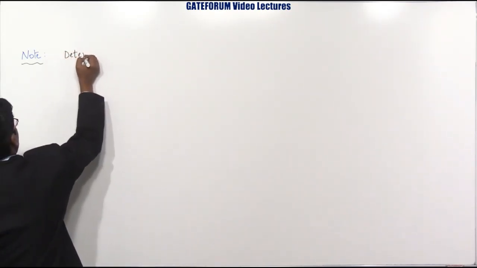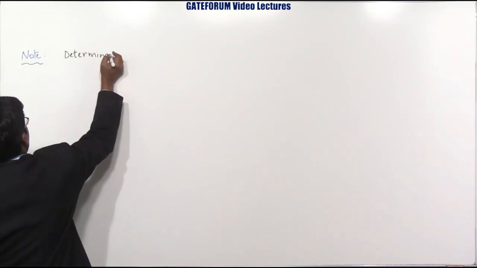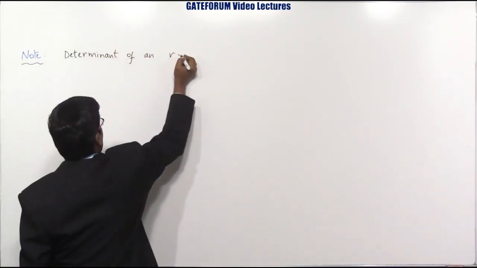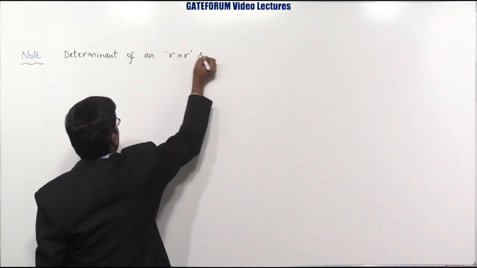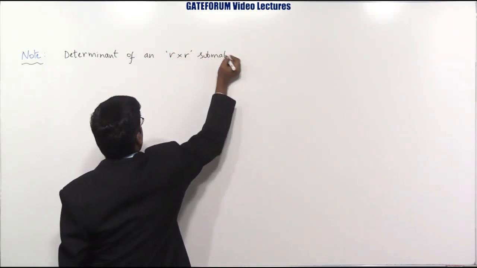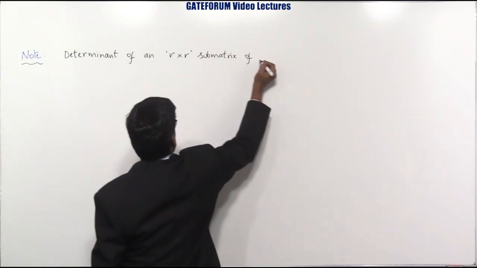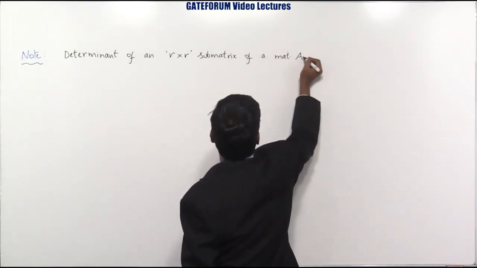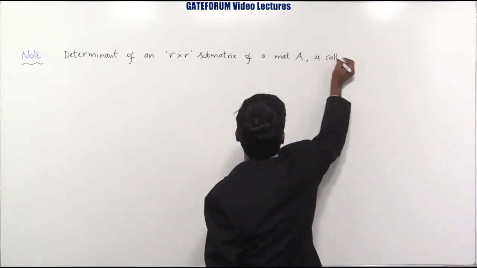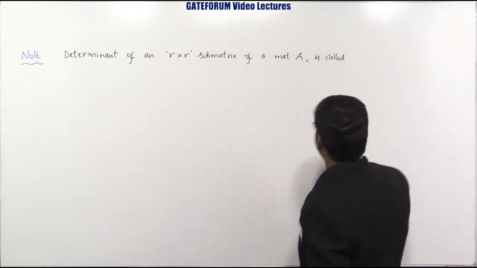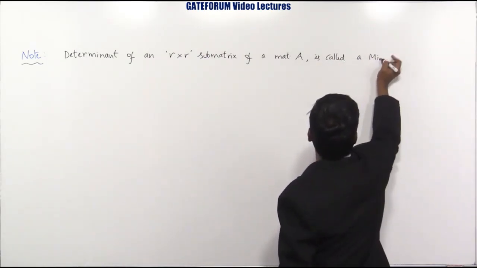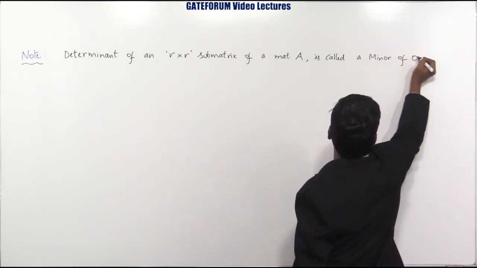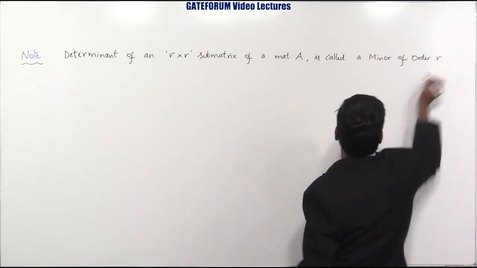Determinant, take care of this point, of an r cross r submatrix of a matrix A is called a minor of order r.